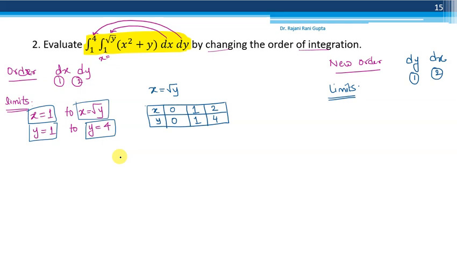Let's take more points, maybe it's not sufficient. Let's take one more point. If it is 9, we'll take it as 3. So the points on this curve are 0, 0; 1, 1; 2, 4; 3, 9, because we always write x first and then y.